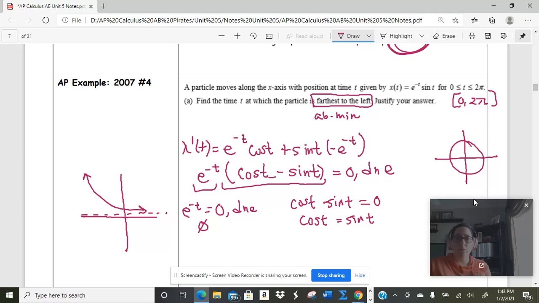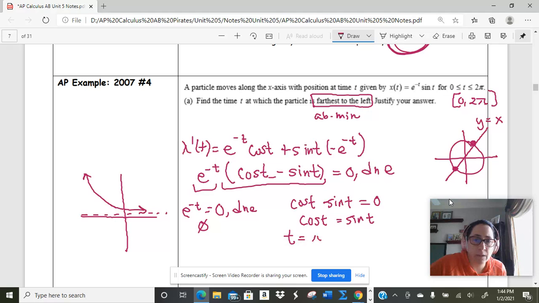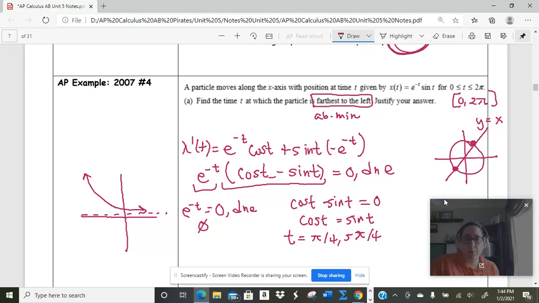Okay, where they equal is on that line, y equals x. So where are those values? There's going to be two of them within this circle. That is at pi over 4 and 5 pi over 4. And there's no place where this doesn't exist. There's no asymptotes or anything. So we have a couple of critical numbers from here.